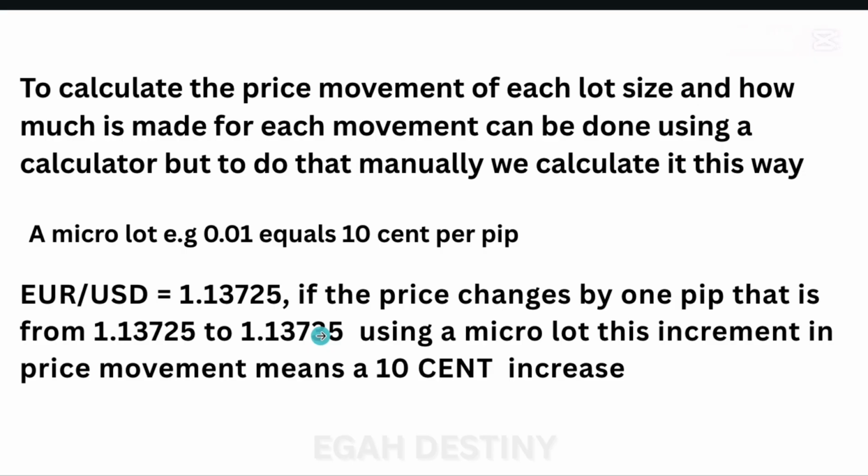You start from the 4th decimal. Now notice this 2 has changed to 3, meaning an increment by 1 pip. When using your micro lot, this increment in price movement means a 10 cent increase. I hope you understand. You can watch the video again for clarity.